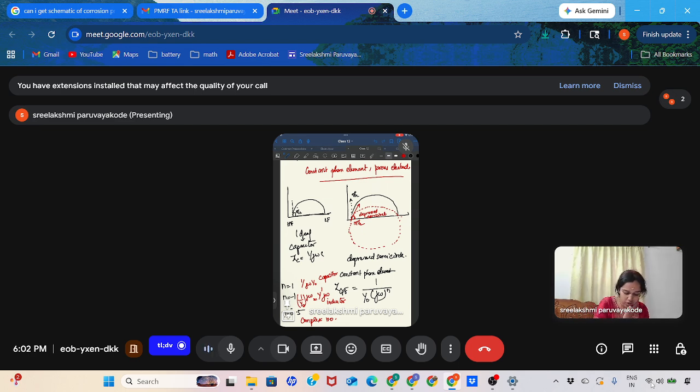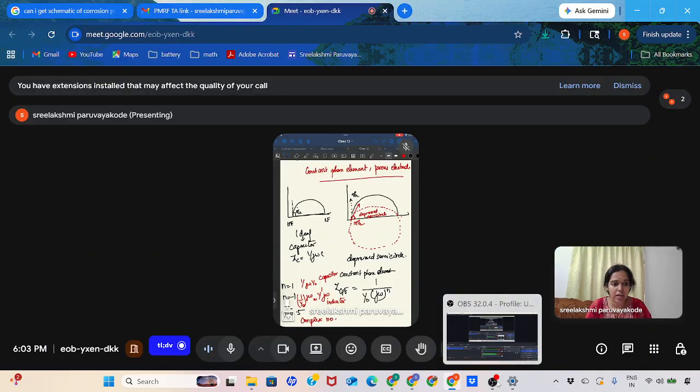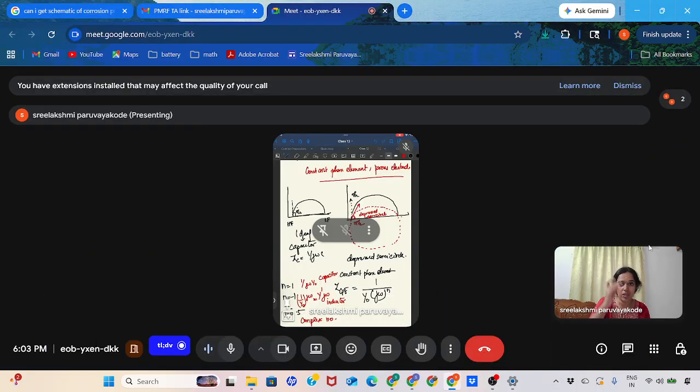Yeah, so we were looking into the constant phase element. Ideally, when we try to plot double layer capacitor behavior with impedance, what we'll be getting is a typical semicircle, right? But in reality, in some cases when we are doing the impedance, what we get is not a perfect semicircle.